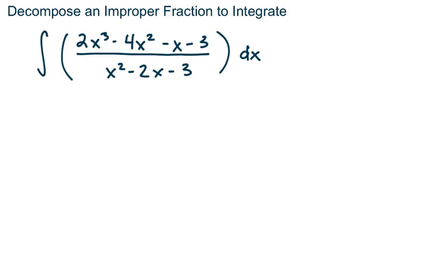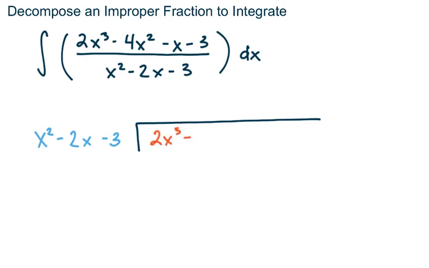So when we're dealing with long division, we take our divisor, which is what's in the denominator, x squared minus 2x minus 3. And then under the house goes our dividend, making sure that we pay attention to or use any placeholders as necessary. In this case, it's not because I've got cubic, quadratic, linear, constant, 3, 2, 1, 0.